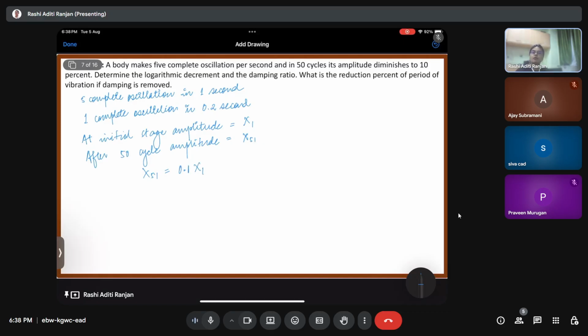Okay. So we have to determine the logarithmic decrement. Since we have this equation, it is easy to determine, right?